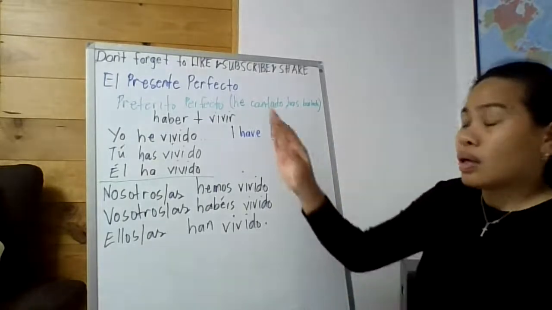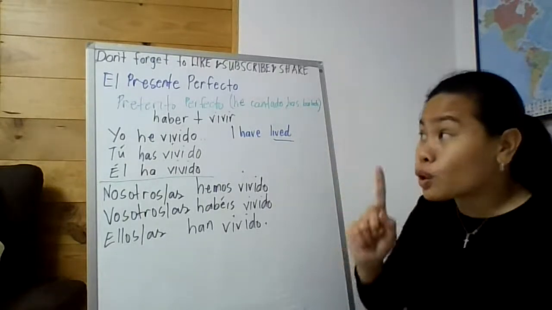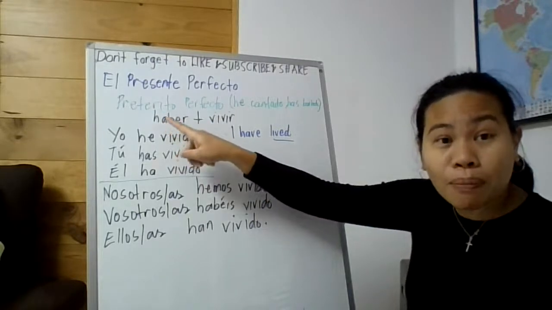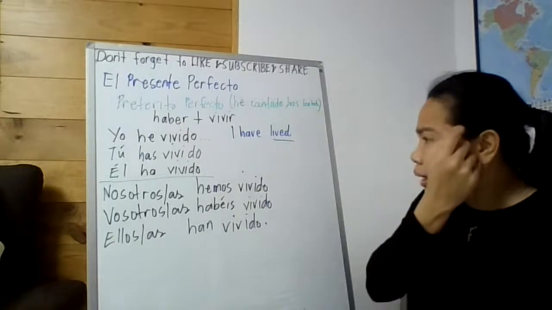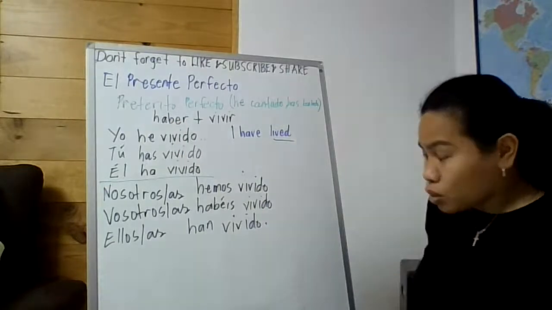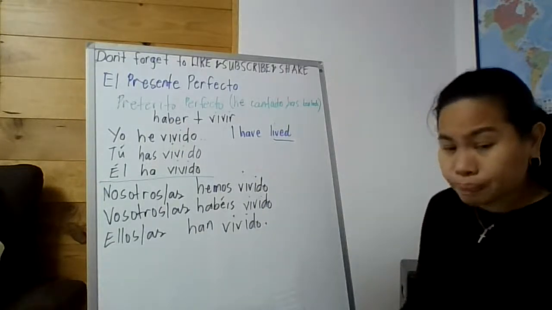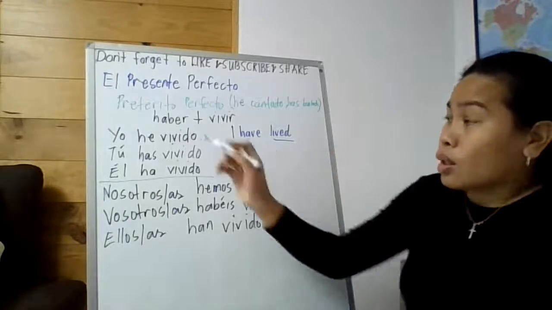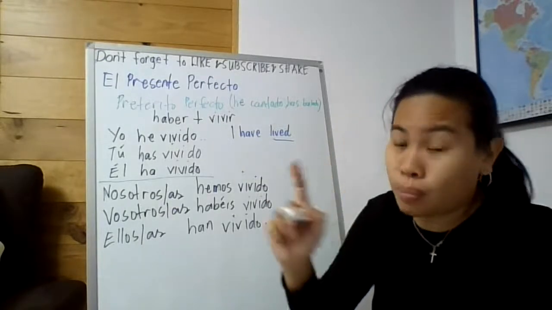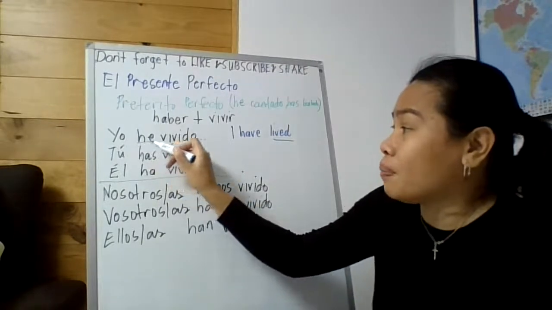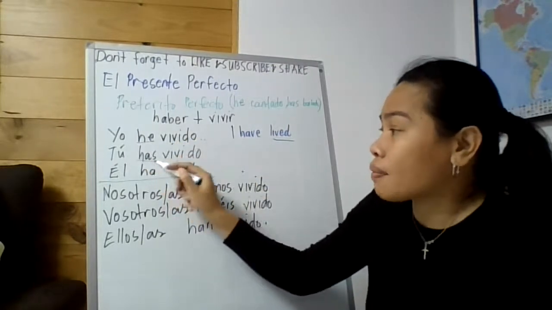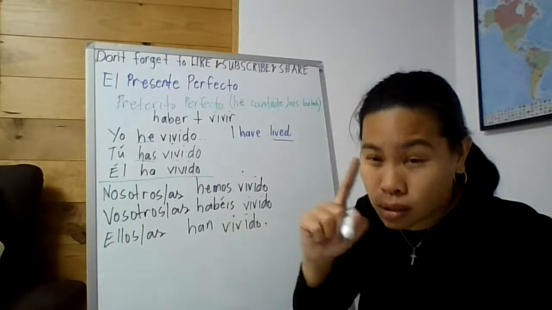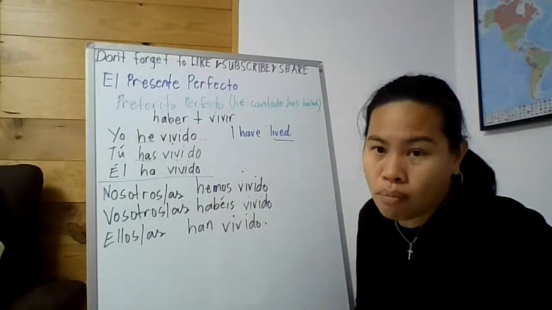Okay? So, the important is you should know the auxiliary verb, and that is verbo haber in Castellano. So, as you can see, we have the present conjugation. Bale, primero, he vivido, has vivido, second person. Yes, to have. Yes, Rob.